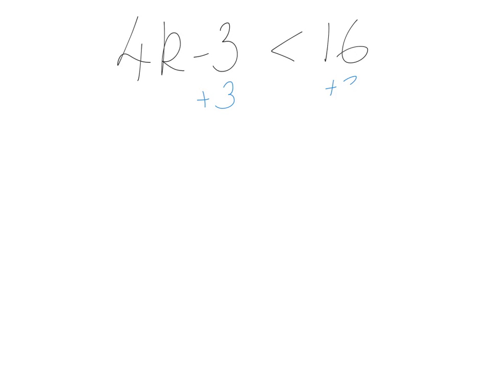Okay, the exact same thing can be seen when we've got two-step equations. For example, 2k minus 3 is less than 16. I want to find out what k is less than, so I'll add 3 to both sides. I'll have 2k less than 19.